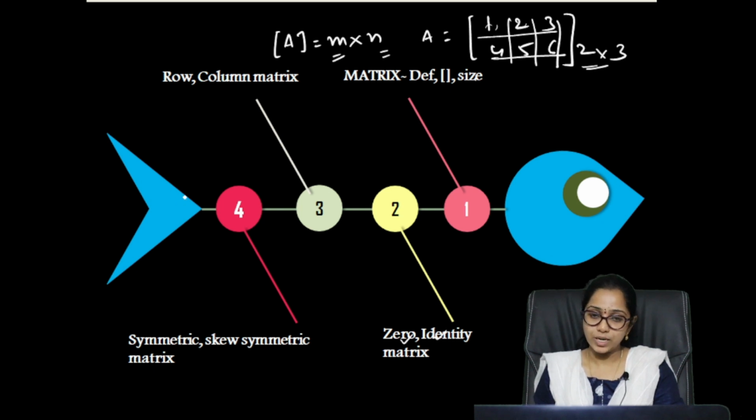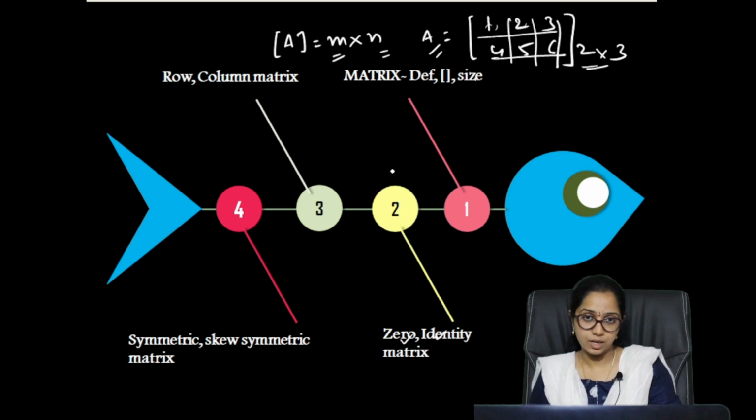Before going to the identity matrix, one thing should be clear: what is a principal diagonal? The principal diagonal is defined only under one condition, that the matrix is a square matrix. That is, if m and n are equal, then it is a square matrix.